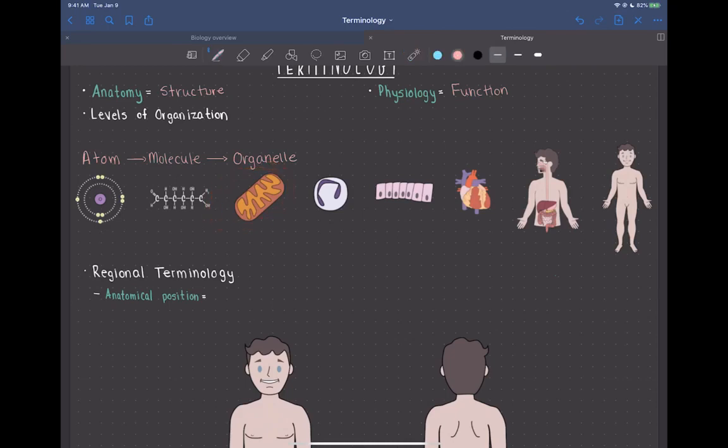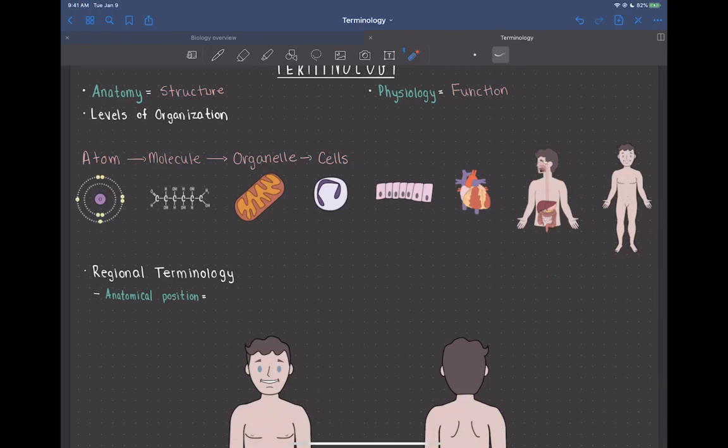Okay? So then our next level of organization, we have a bunch of organelles working together to form cells. All right. So for example, this would be a white blood cell. You could also have red blood cells. You could have skin cells. We'll give them specific names when we get to tissues.